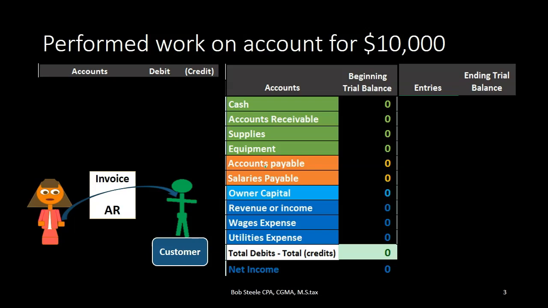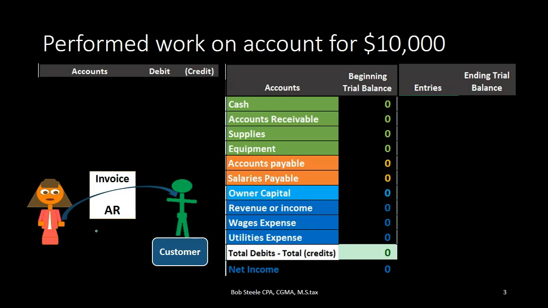We will then be posting them not to the general ledger, but to this worksheet here so that we can see the quick calculation of the beginning balance and what is happening to the individual accounts, as well as account types, in that we have the accounts categorized, as is the case for all trial balances, accounts being in order, that order being assets, in this case in green, the liabilities in orange, the equity, light blue, and the income statement accounts of revenue and expense type accounts.